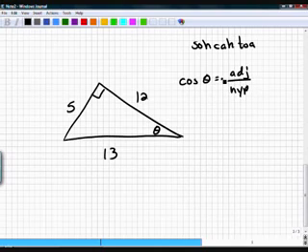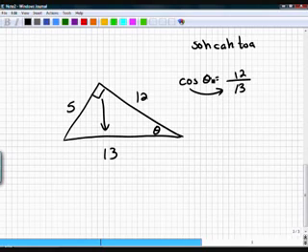So therefore, theta, we don't know. Adjacent is, careful, adjacent is 12. Hypotenuse is always across from your right angle. This is upside down. 12 over 13. If you're looking for an angle, we've got to somehow get rid of our cosine, so we're kind of moving our cosine over here.